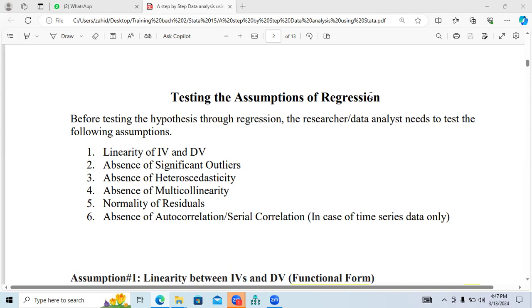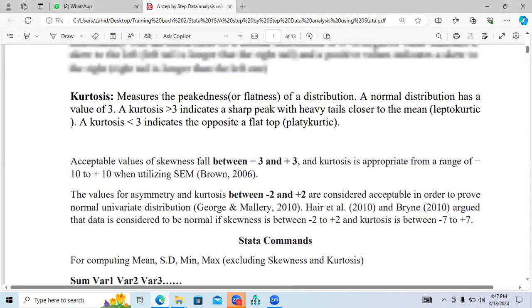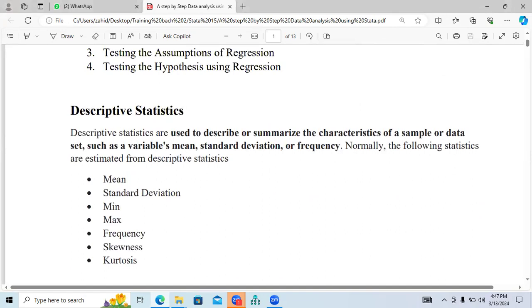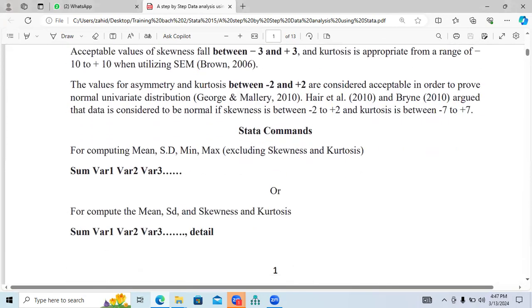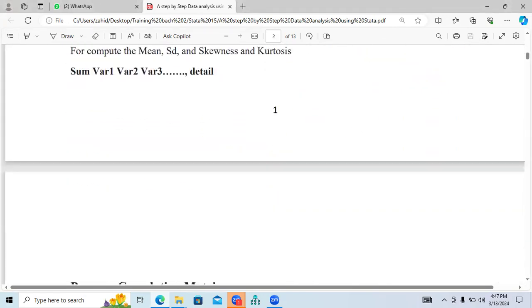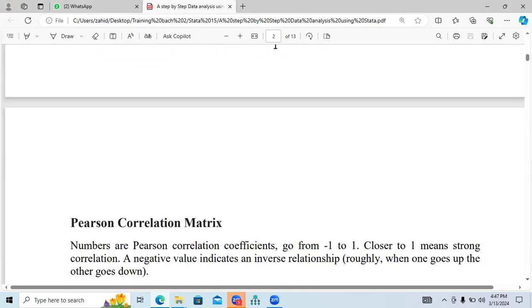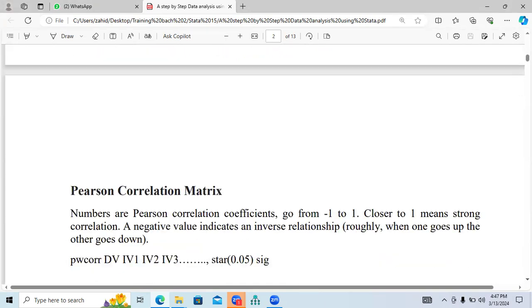Yesterday, we discussed the basic mechanism of descriptive statistics, correlation analysis and regression analysis. We discussed how the Pearson correlation is reported and interpreted using APA style.